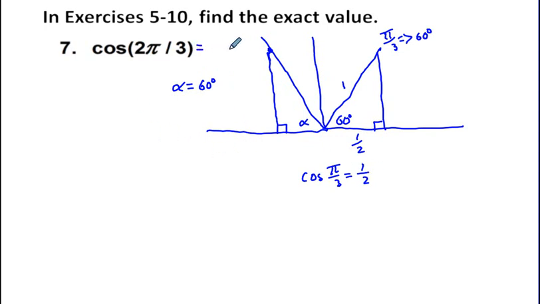Well, it's going to be over here on the left of the x-axis, so x, or the adjacent side here, is going to be equal to negative 1/2, and therefore our cosine of 2 pi over 3 is negative 1/2. So I'll write here cosine of 2 pi over 3 equals negative 1/2.